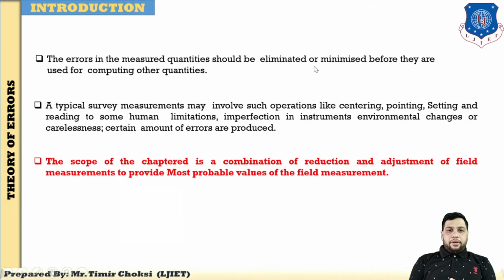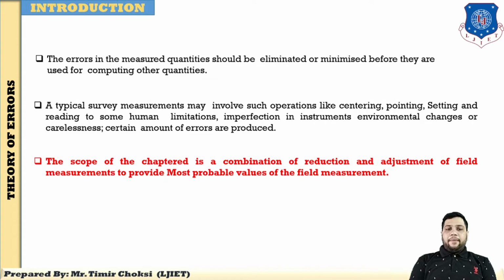So in this chapter, students, the main scope is the reduction and adjustment of this error in a field measurement. First we reduce the error, and after the reduction you adjust the error in a field measurement. The error in a measured quantity should be eliminated or minimized before it is used for computing other quantities.